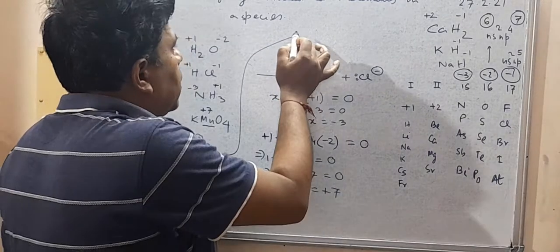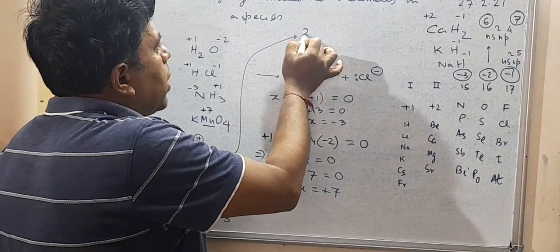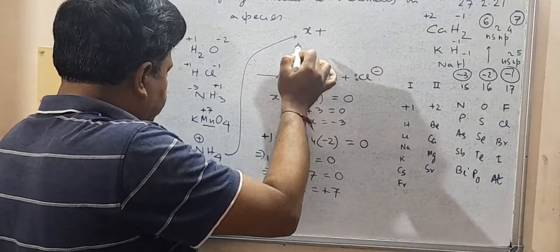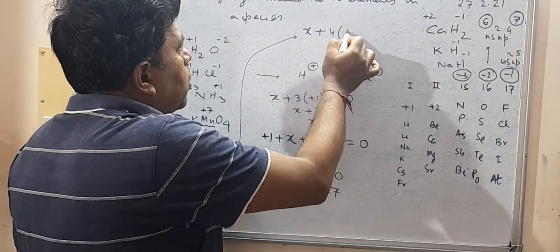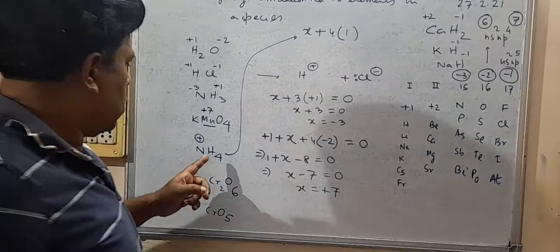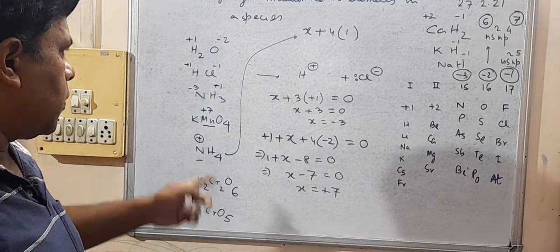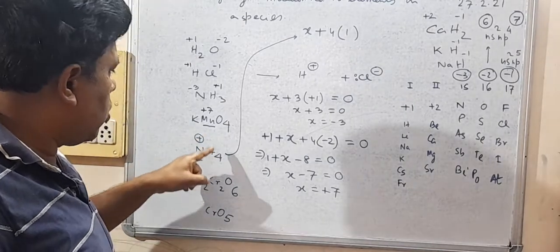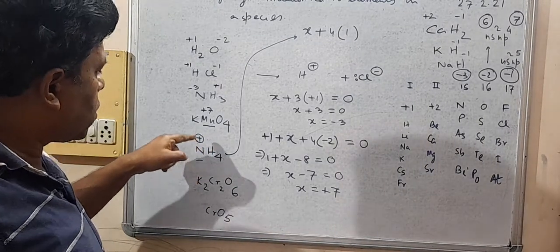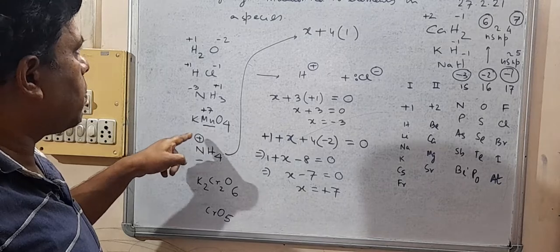So it will be like this. Again, nitrogen, suppose it is x plus 4 into 1. Hydrogen is plus 1. And since the overall charge here is plus, it means plus 1.